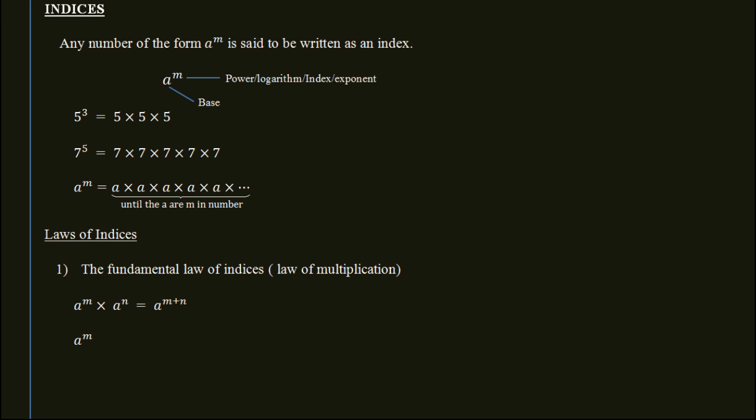A to the power m means a times a times a, and so on, for m terms. A to the power n means a times a times a, and so on, for n terms.